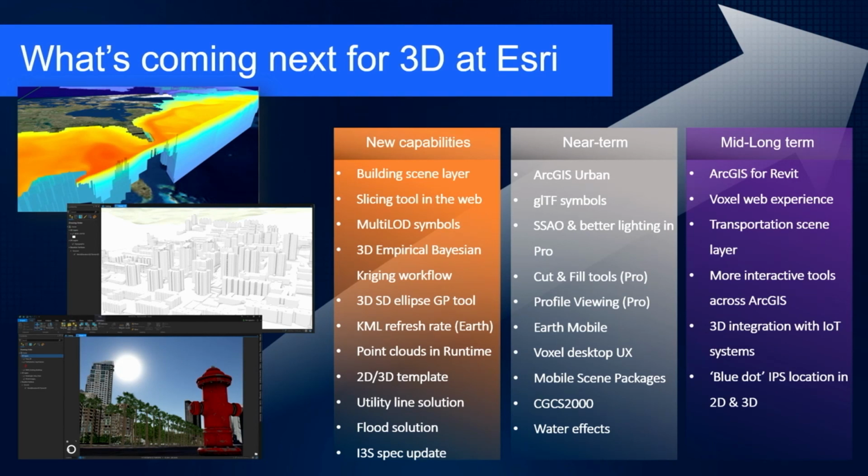It looks dramatically improved, let's say. Cut and fill tools are coming in Pro, so more interactive tools in the platform. Profile viewing is coming, and Earth is going to mobile. We've got a voxel desktop user experience for the end of the year. I already talked a little about mobile scene packages. We're also working on a global coordinate system for the Chinese market that is useful for some other markets too.